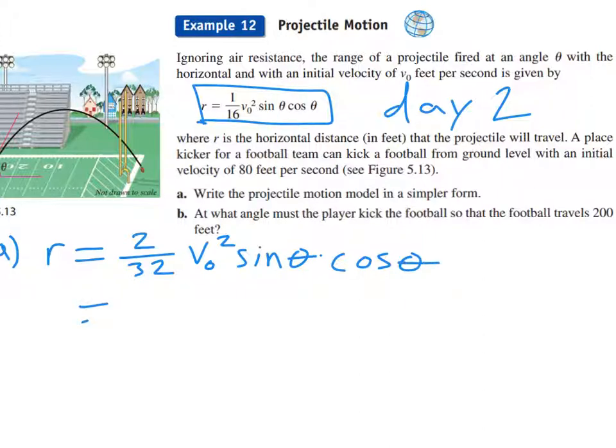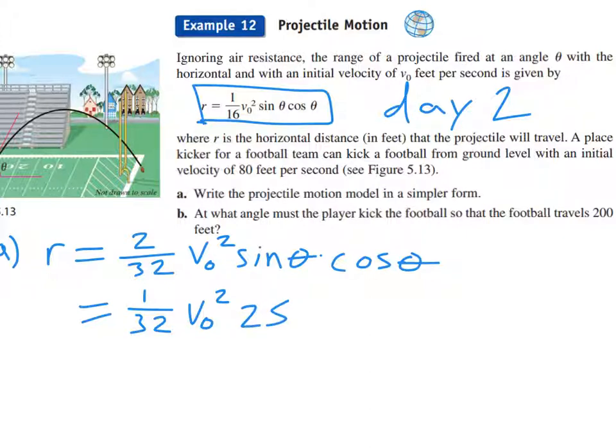A lot of times that step kind of freaks people out, and they're like, what did you just do? All I've done at this point is, in the model, there's a constant of 1 over 16. I switched it and said it's 2 over 32, which is absolutely fine. I mean, 2 over 32 is the same value as 1 over 16. Now, I'm going to take the 2 over 32 and split it up. There's our initial velocity.